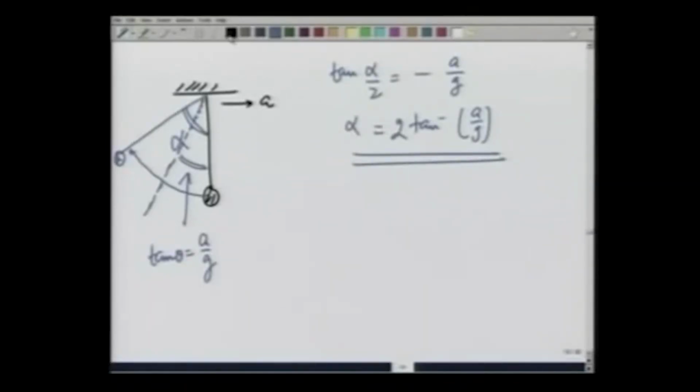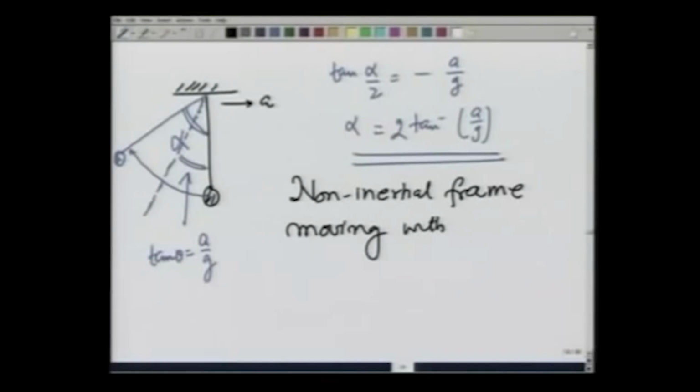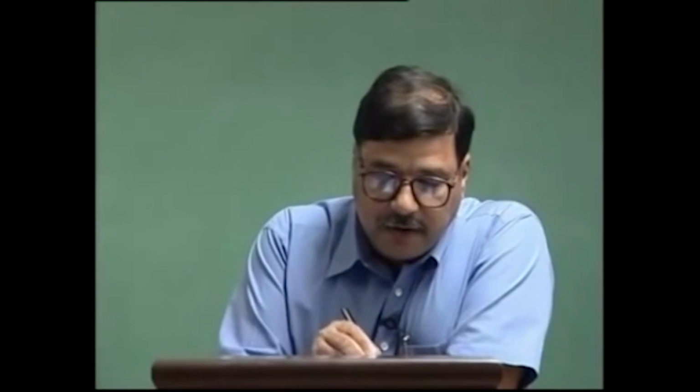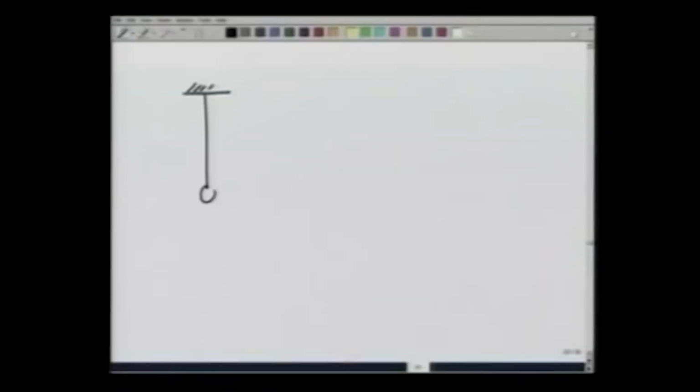Let us see now how would the solution look in a non-inertial frame. Non-inertial frame moving with the support. So, I look at this whole thing in a non-inertial frame moving with the support.